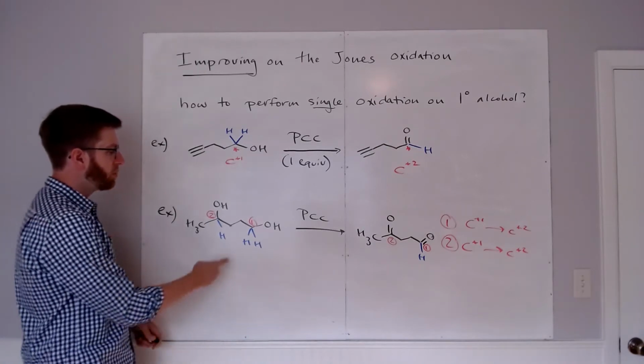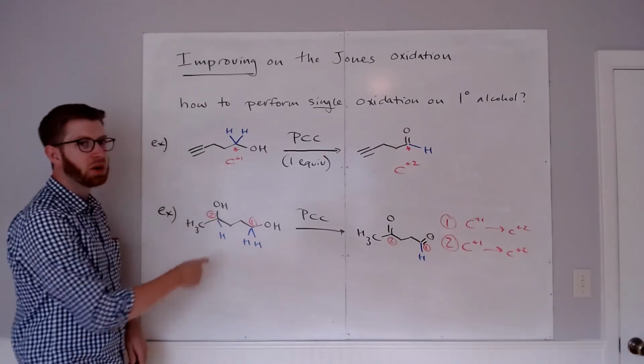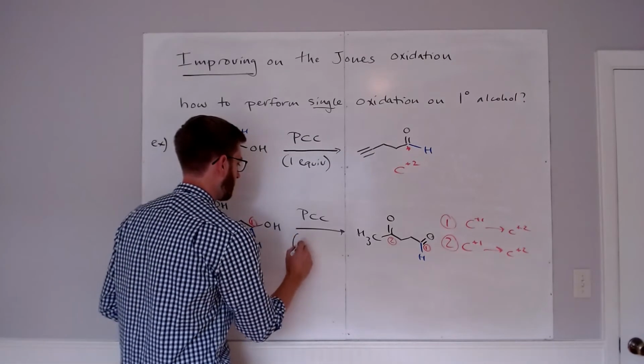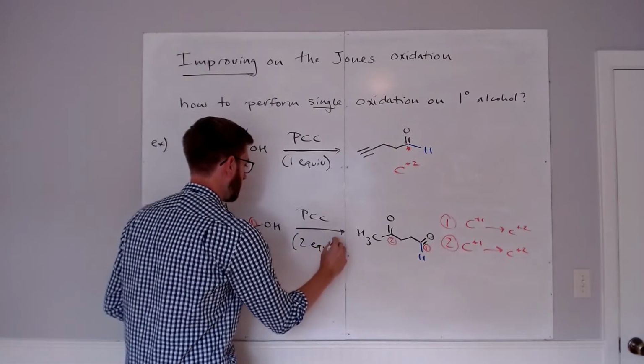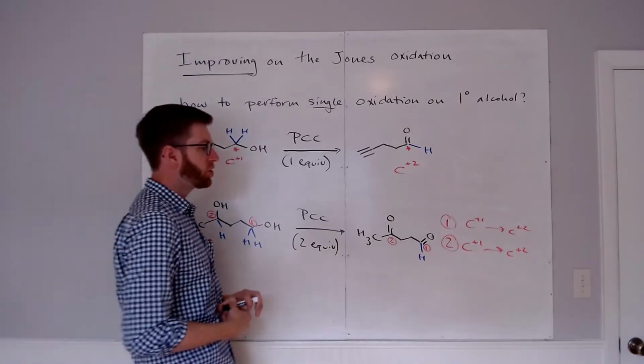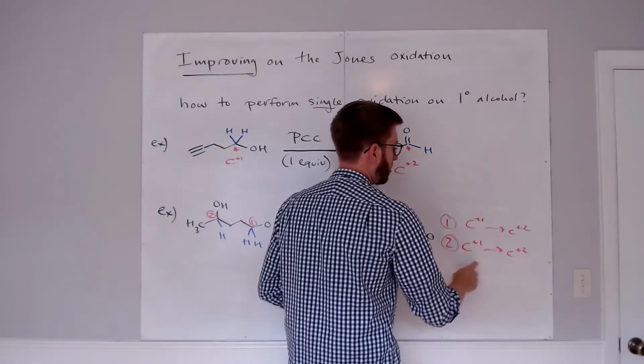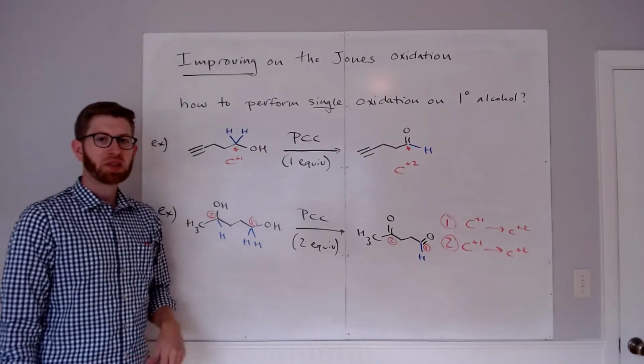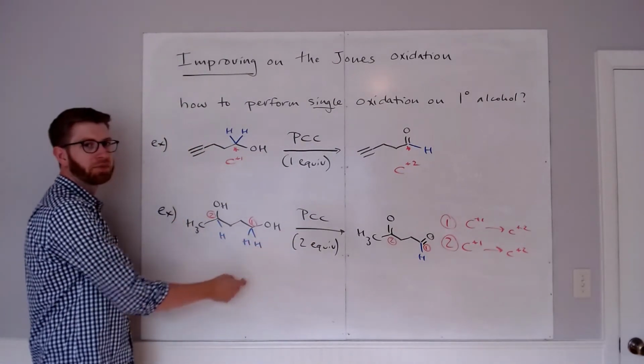It looks like I'm removing 1, 2 of those blue hydrogens, and that means I need 2 equivalents. The way we think about that is that we're changing 1, 2 oxidation levels in total. So I'll need twice as many molecules of PCC as I will molecules here.